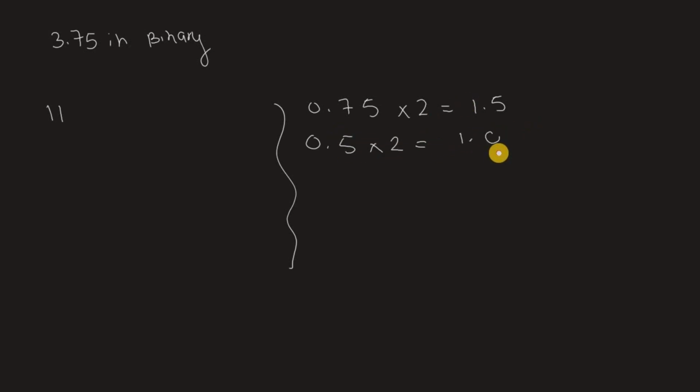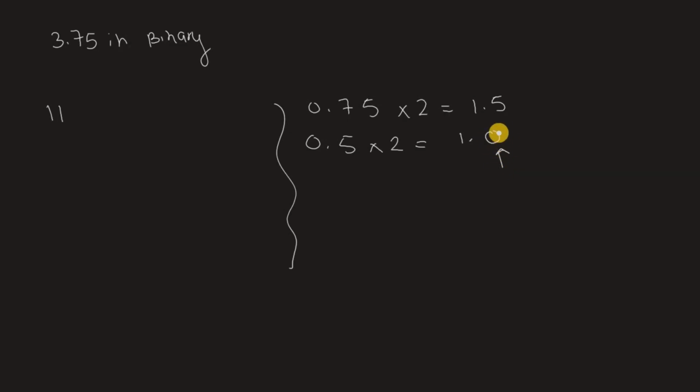Okay, so we have this number over here and we want to convert it into binary. Again, we have 3, and 3 you already know in binary is 1 1, right? So you don't have to worry about converting it. Now you have 0.75. You're going to multiply by 2, so you get 1.5, and then you have 0.5, right? You're only taking the decimal number. Then 0.5 times 2, and we get 1.0.